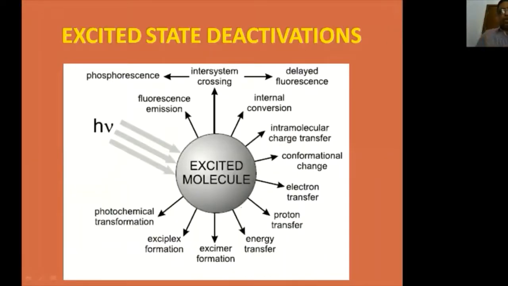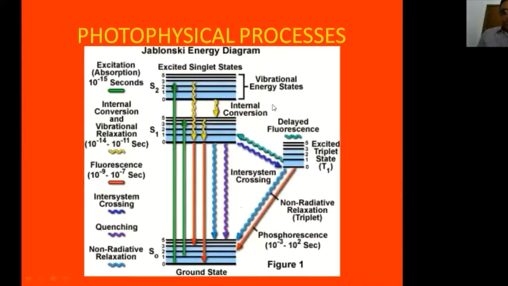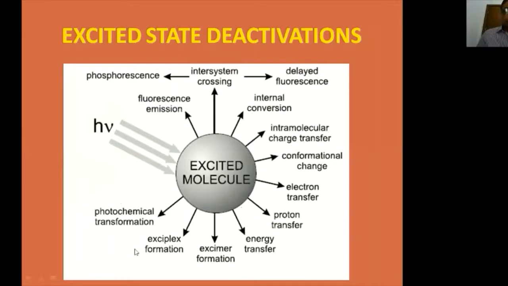Now you can picture holistically the entire set of processes that happen subsequent to the absorption of a photon, inclusive of physical and chemical processes from the excited state. As you go from left to right, you can see fluorescence emission, intersystem crossing, internal conversion, intramolecular charge transfer, conformational changes, electron transfer, proton transfer, energy transfer, excimer formation, exciplex, and photochemical transformation.